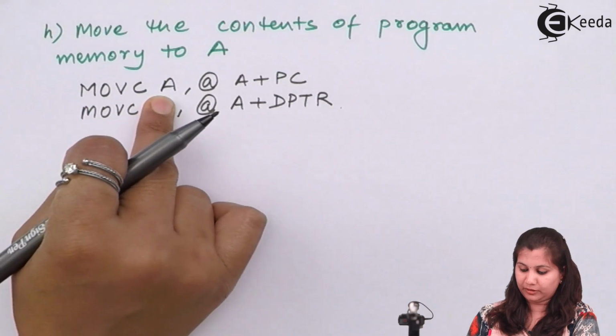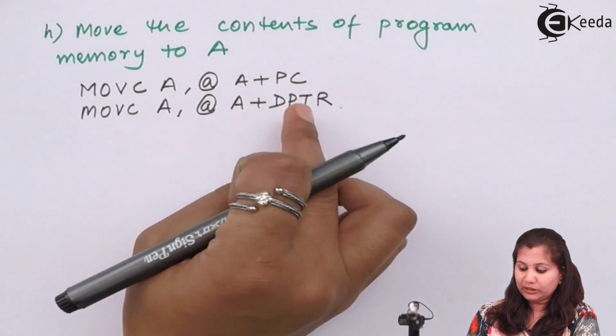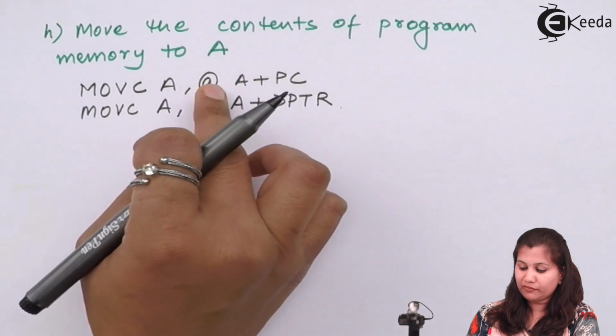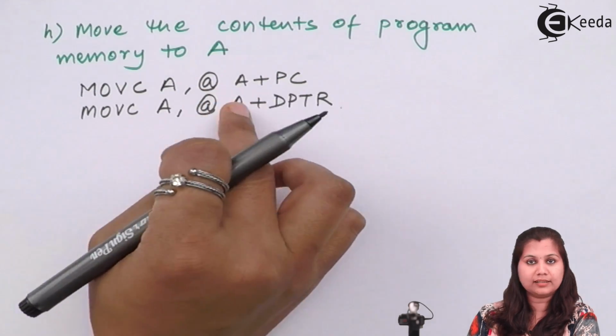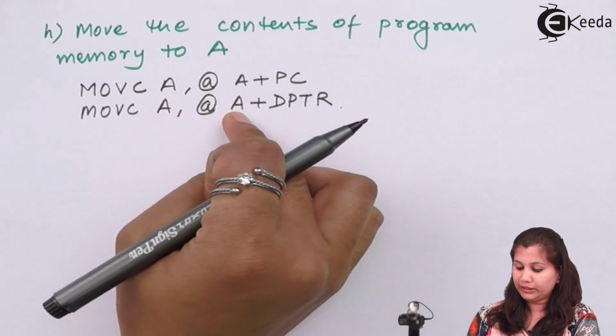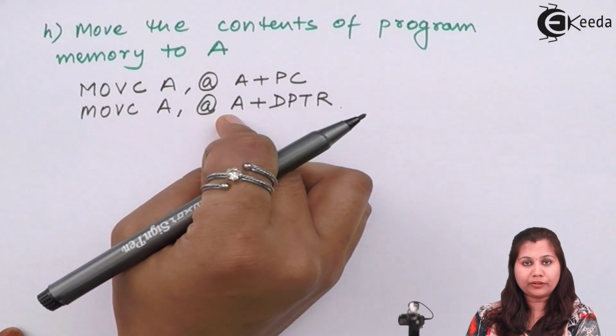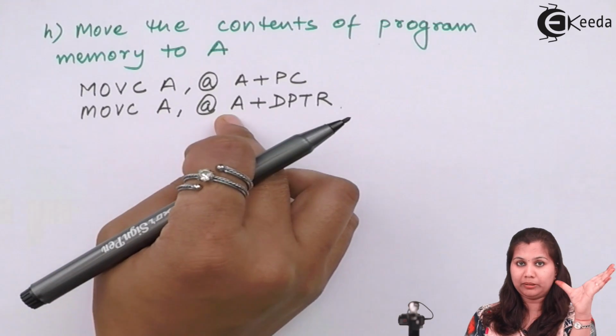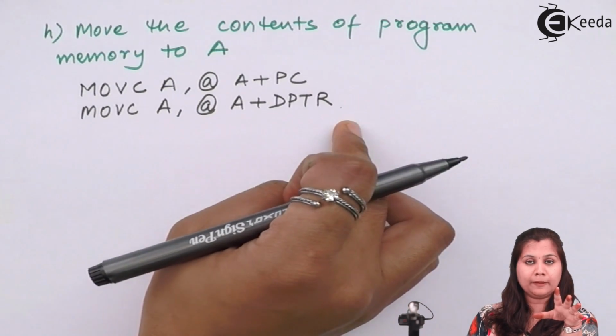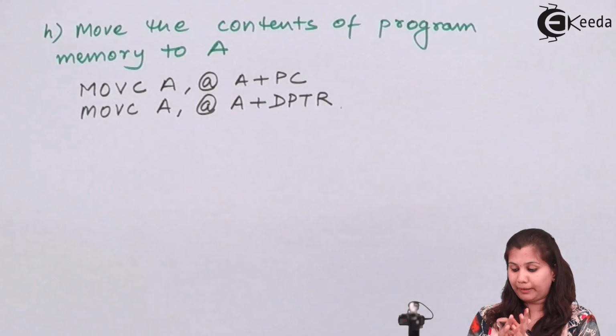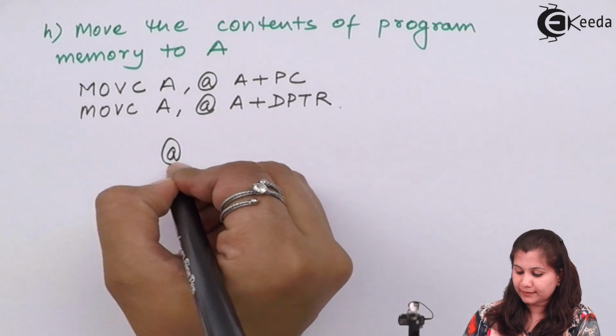the accumulator. So for the program counter and data pointer, we have the base register as the accumulator only. So the contents of the accumulator, that memory location, plus the data pointer, it will combine.